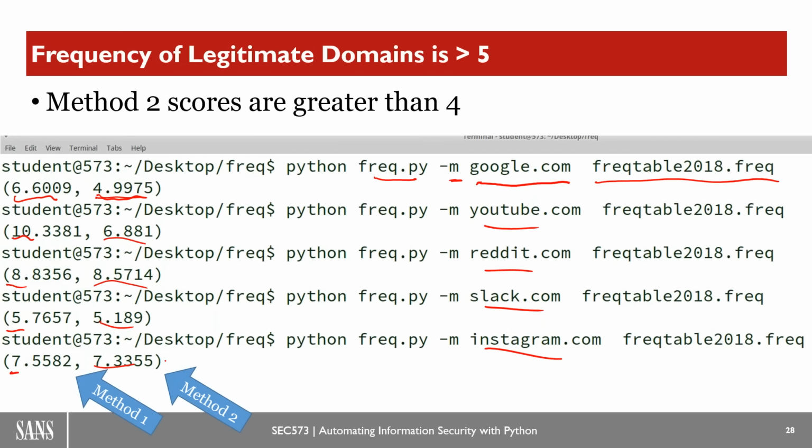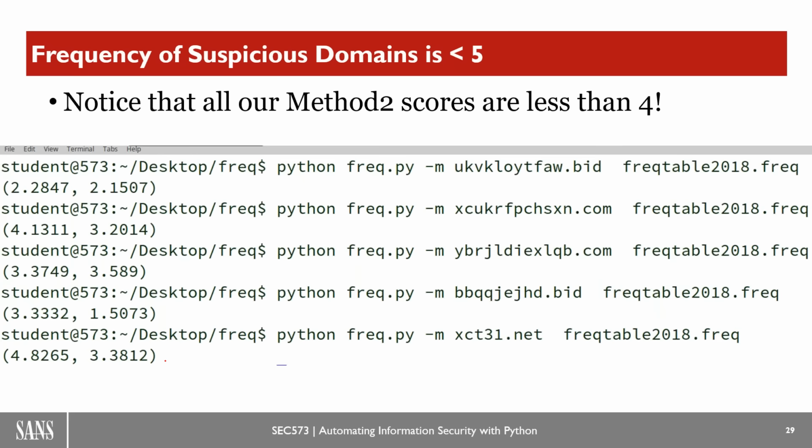All right, so what does illegitimate text look like? Let's use those same domains that we looked at earlier with domain stats. I'll take those same domains and put them through freq.py, and you can see that for method 1, all of these numbers are less than 5. So 5 seems to be the magic number for method 1 in identifying malicious domains.